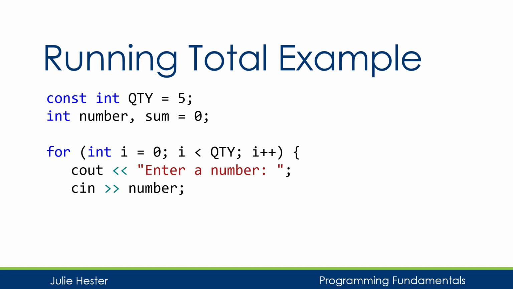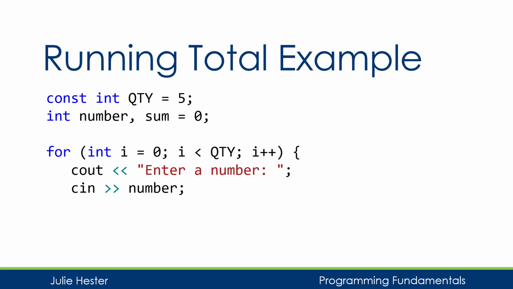And because I'm counting with 0, I'm going to execute this loop as long as my iterator variable or counter i is less than QTY. So my test condition is i < QTY. And then every time this loop iterates, I want to increment i by 1. So I can just use i++.